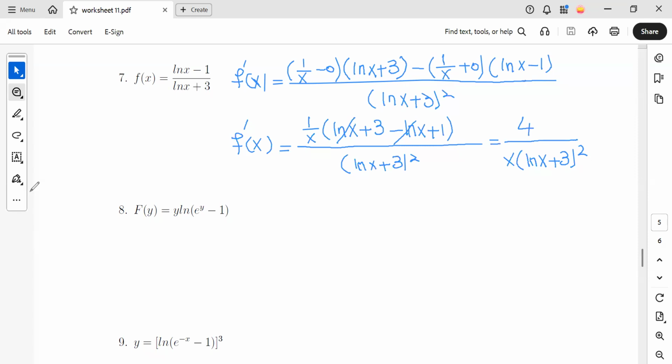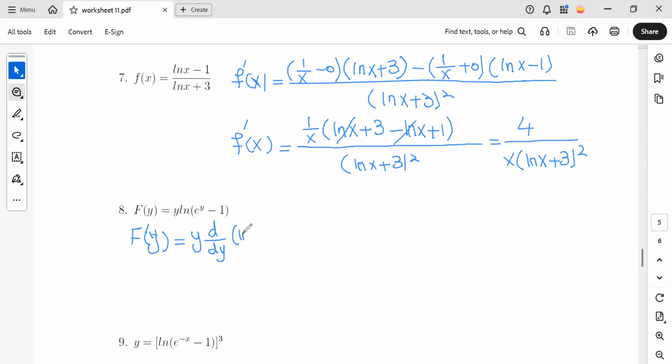Number 8 is product rule. So f prime of y equals, copy the first one, derivative of the second one. But in here, it is dy, d of whatever we are going to take the derivative of, dy.